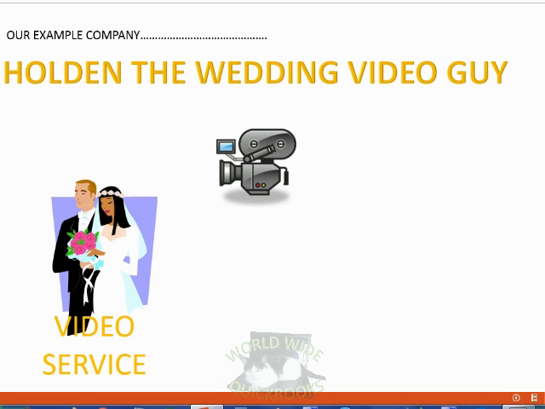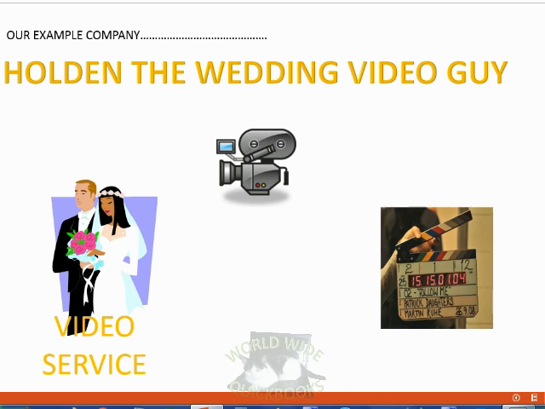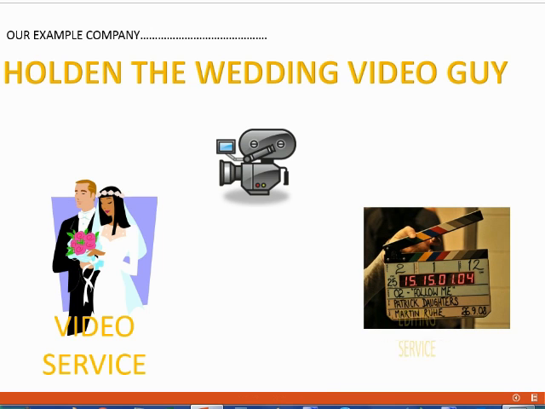And the other service that Holden offers his customers is editing service. This means somebody else could video the wedding and he could edit it in a professional way, burn it on a DVD, or put it in any format the customer wants. And that's going to be our example company.